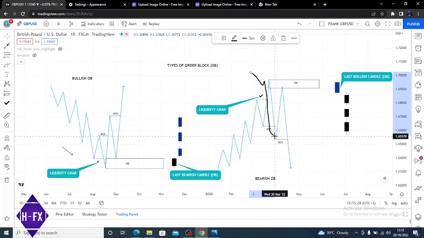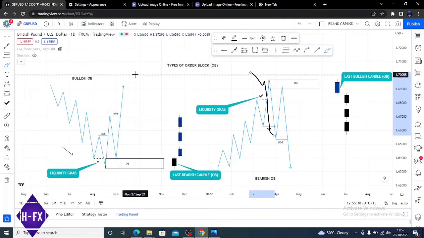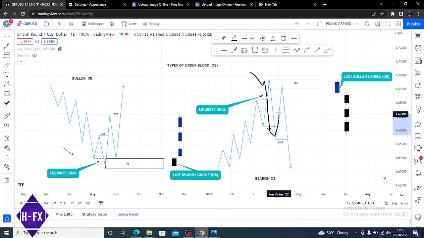What the banks do is bring back price to that place they bought from. There is a last candle at that place they bought from. That area is known as the order block, in order for them to push price downwards.